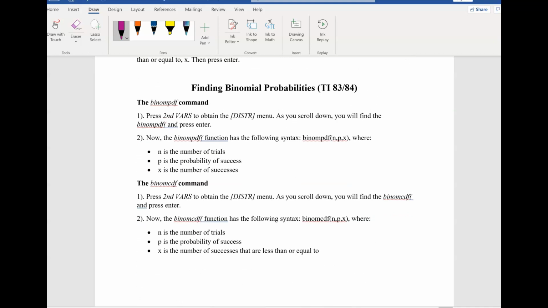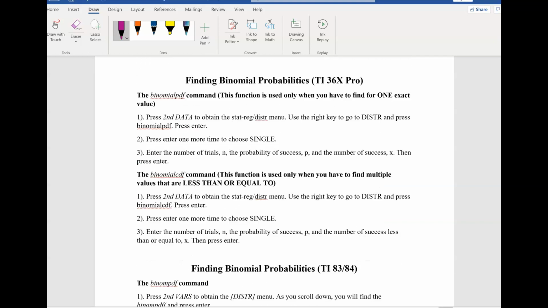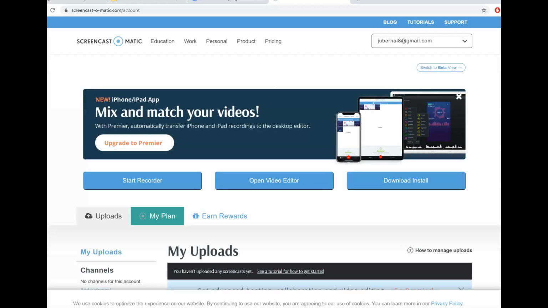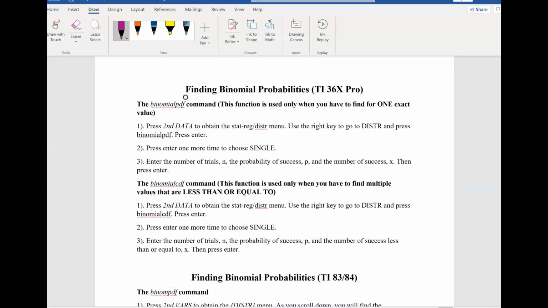So here are the steps as well. I would suggest going into Canvas to access this, and I'll be going off the computer and also to my calculator so you can see how we solve these problems.